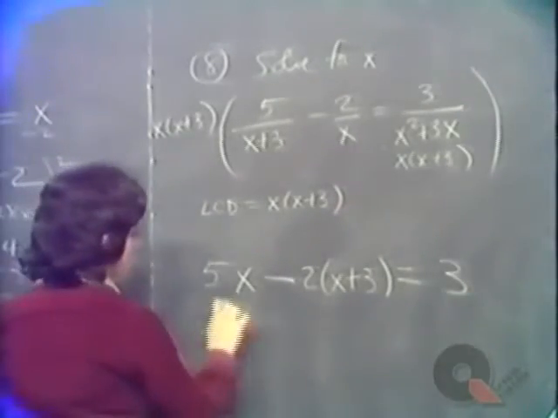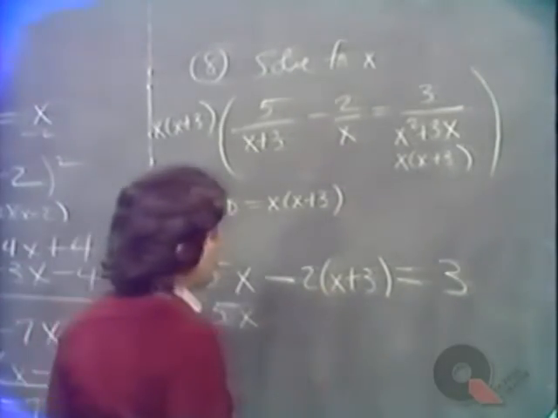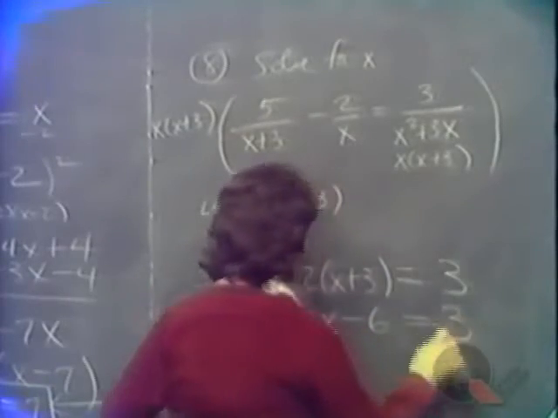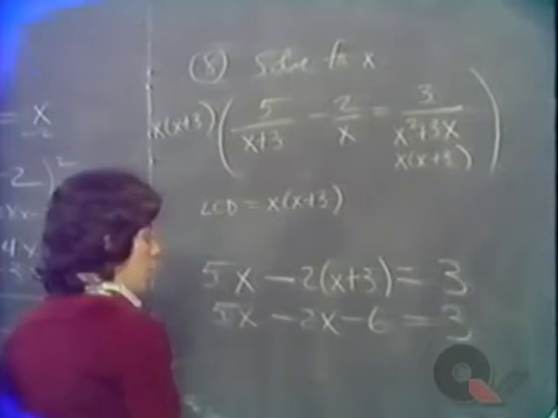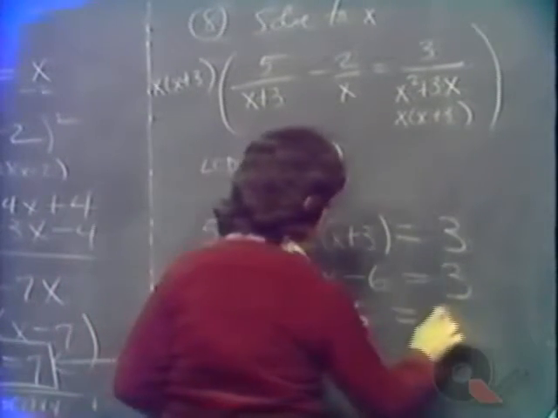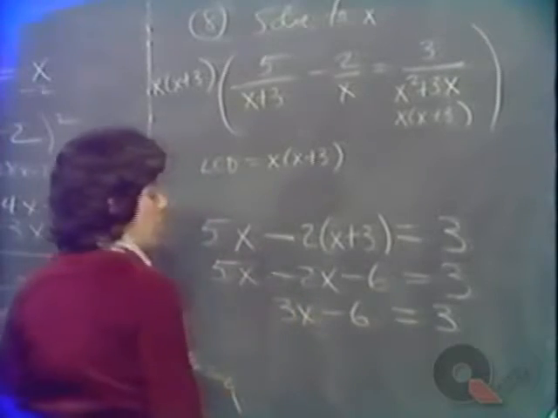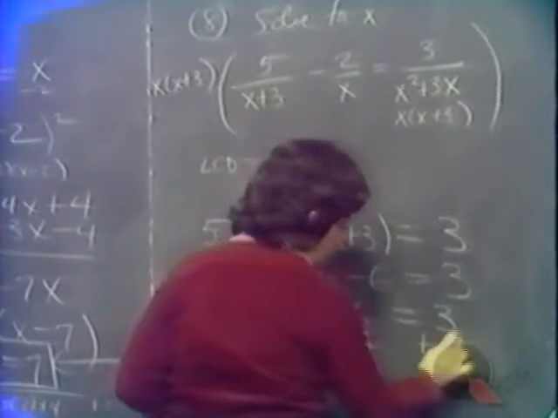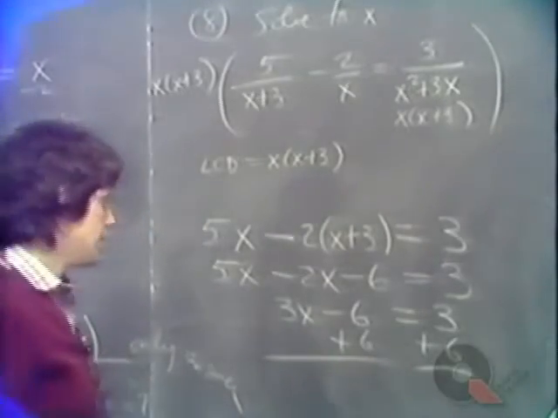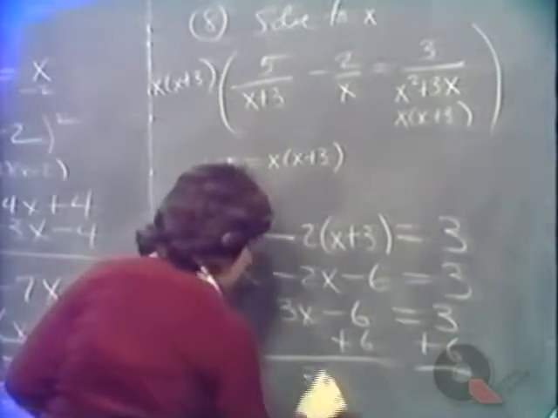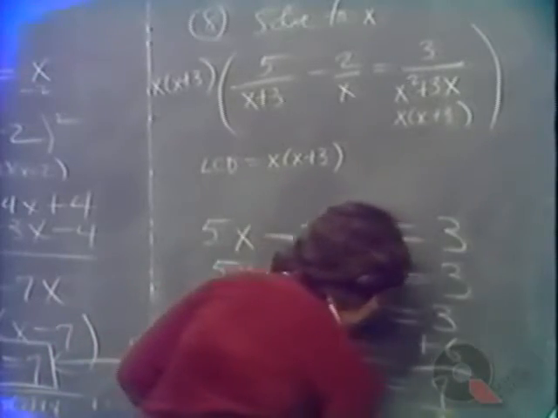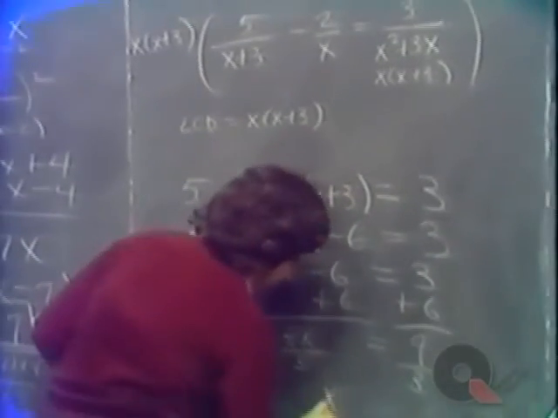Now distribute the minus 2 through the parentheses. 5x minus 2x minus 6 equals 3, or 3x minus 6 equals 3. Adding 6 to both sides, we have only a first degree equation in this case, so we get x alone on one side. 3x equals 9, and dividing by 3, x equals 3.